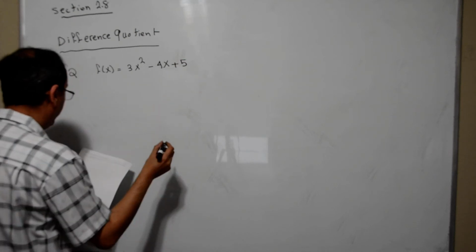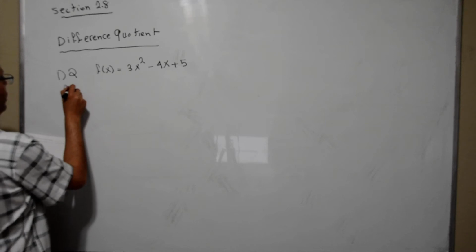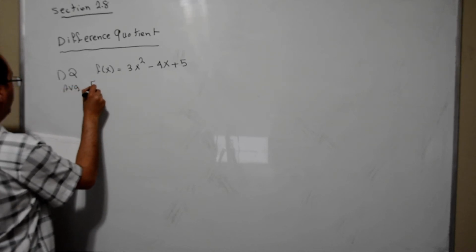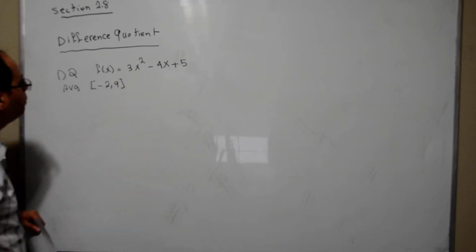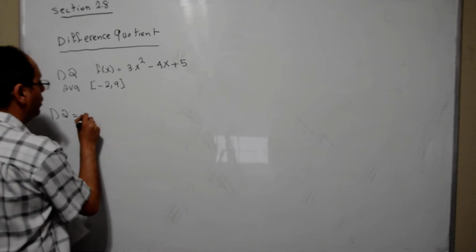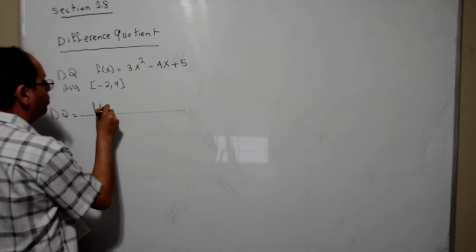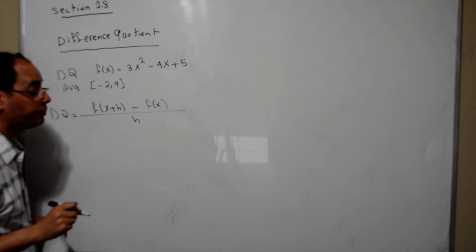And I need the average rate of change for the interval -2 and 9. Okay, my formula, f of x plus h minus f of x over h.